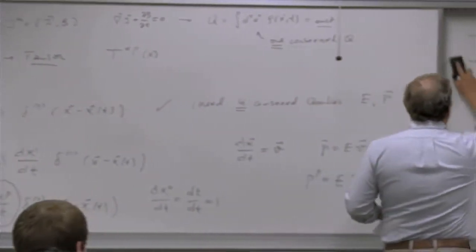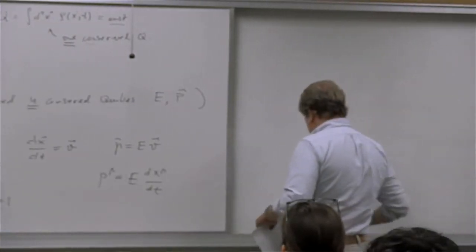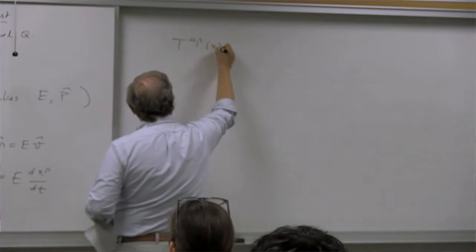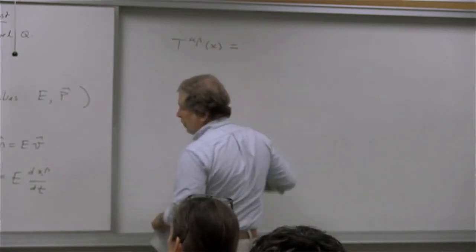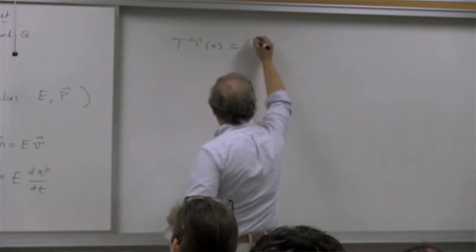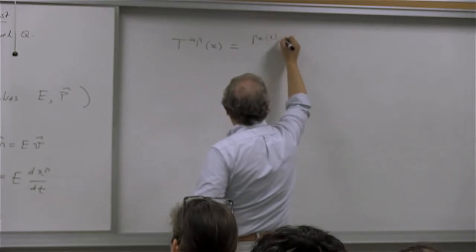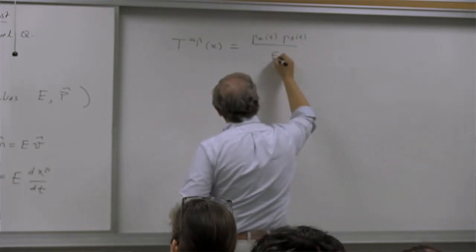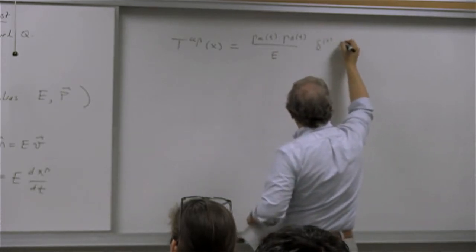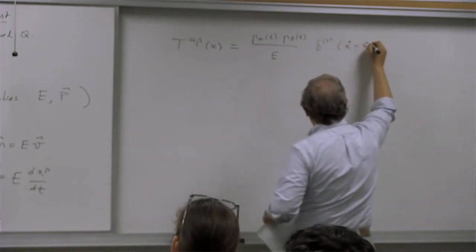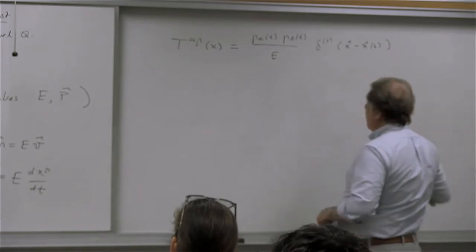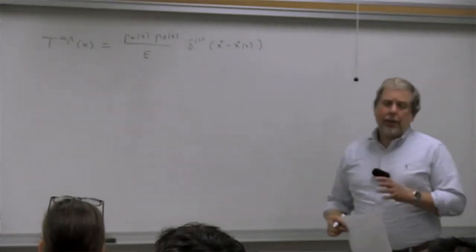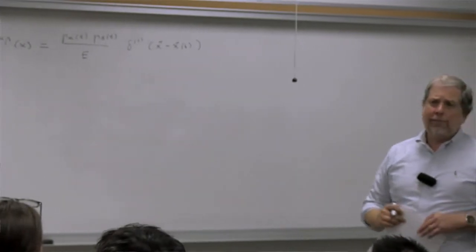So that means that we have a slight rewriting of T alpha beta of x, which you can write as P alpha of t and P beta of t divided by the energy times delta 3 of x minus x of t. Okay? Well, it's a slight rewriting, and of course it's still obviously at this point not manifestly Lorentz invariant.